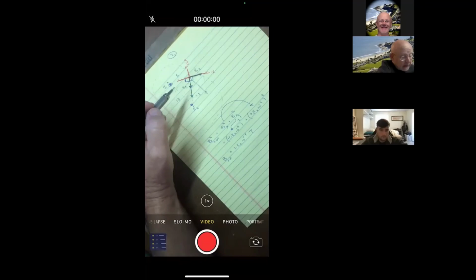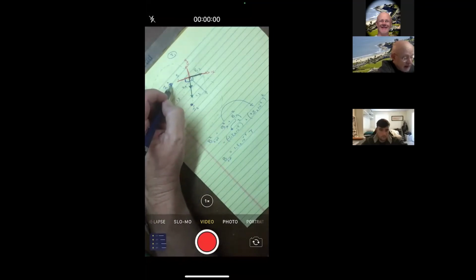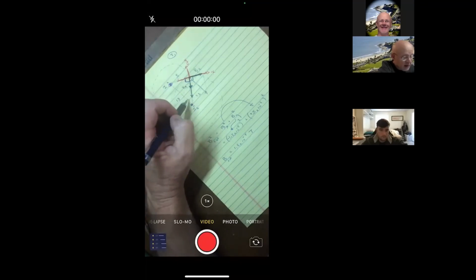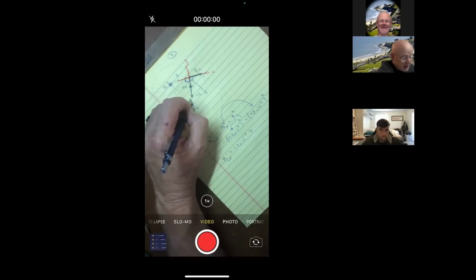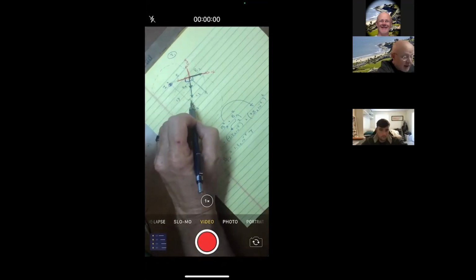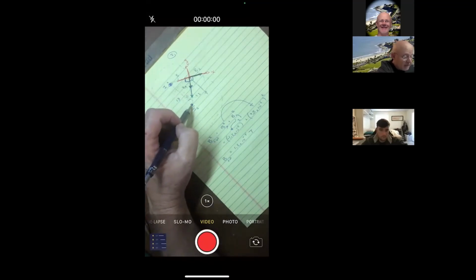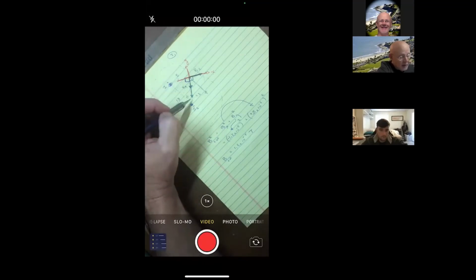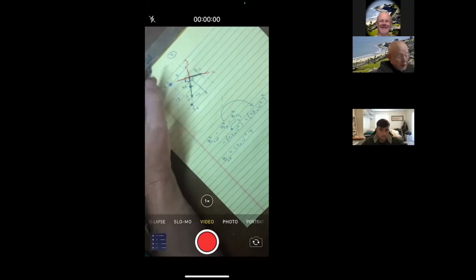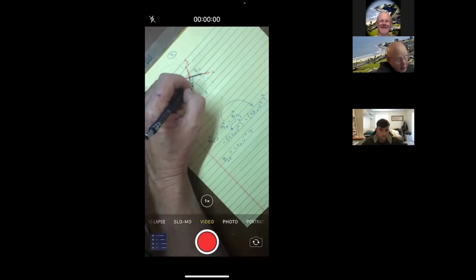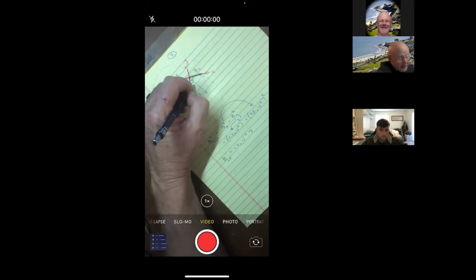Let's see. We know that this angle here comes from this 5, 12, 13 right triangle. So whatever this angle is, and of course we could actually figure it out, let me just call it theta. And of course the sine of theta would be the opposite, so 5 over 13. So we could actually get this angle. But I don't think we need to, because I'm going to say that angle is the same theta.